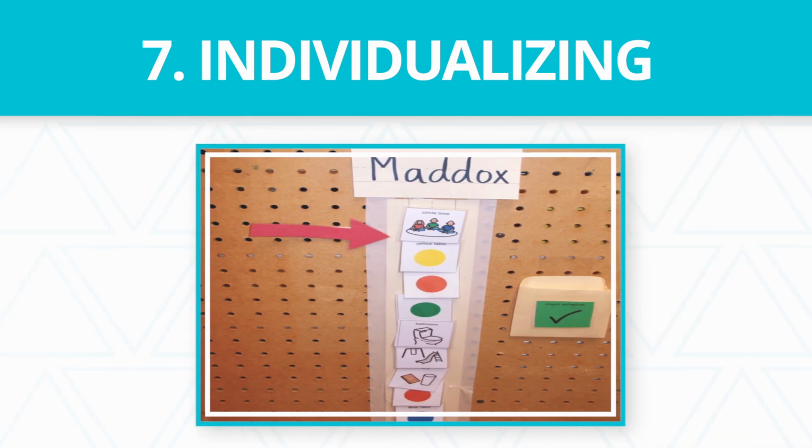If I use a schedule for a transition, when a child arrives into the classroom, I might have them actually take the picture of circle time and carry it over to circle time. With individualized schedules, we need to be very intentional. We have to know why we're setting up that individual schedule, what that child needs, so that when we set that schedule up, we're actually meeting what their needs are.